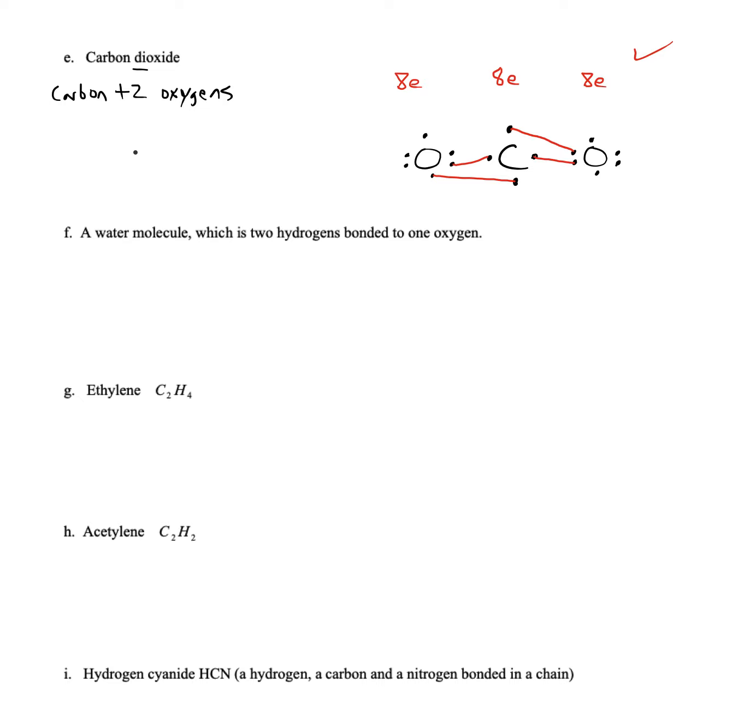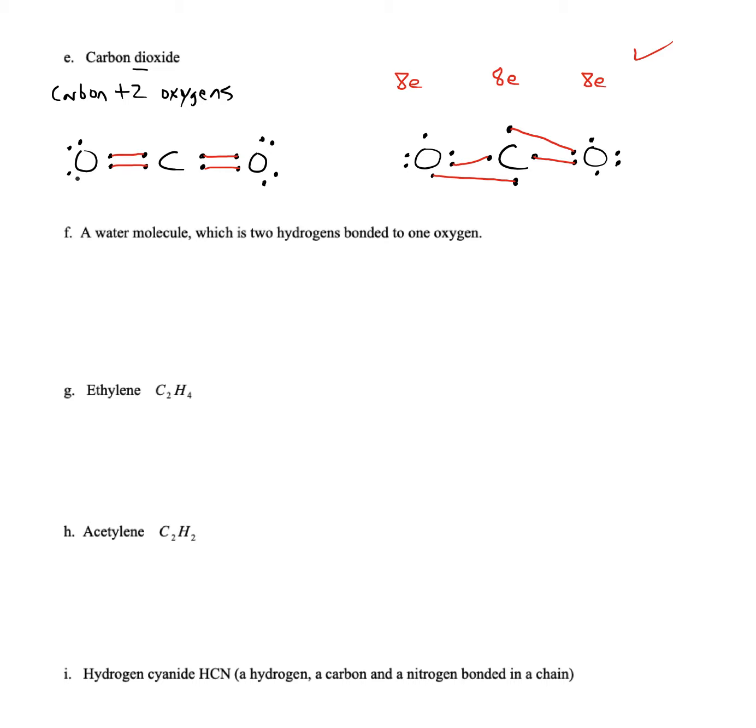We can redraw it in a little bit nicer form. And you may see it drawn something like this. And we can put those lone pairs, they're called, around the oxygen.